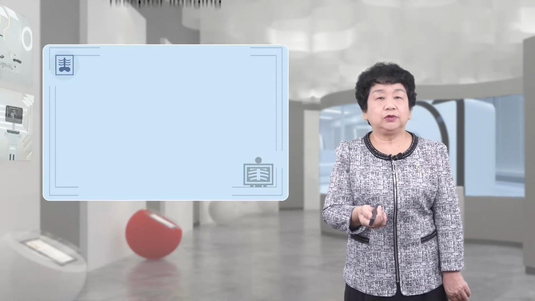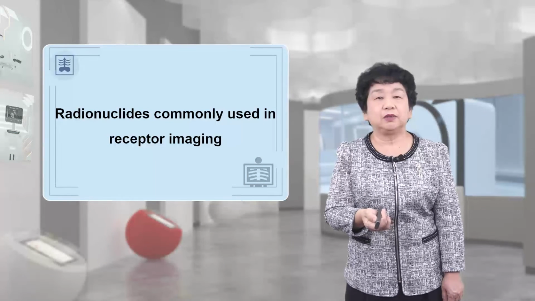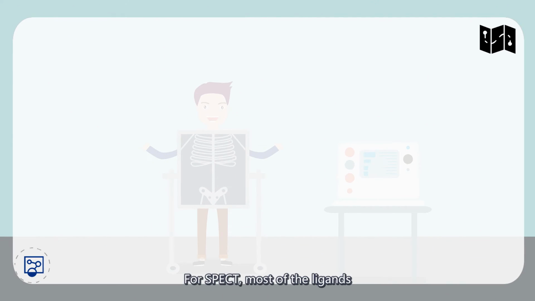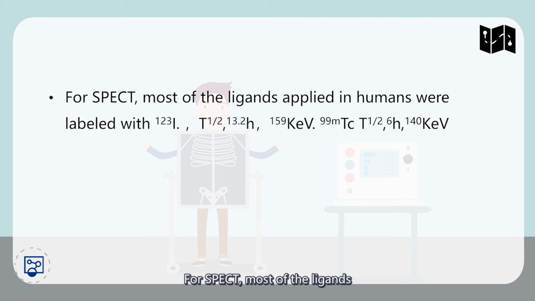Radionuclides commonly used in receptor imaging. For SPECT, most ligands applied in humans were labeled with iodine-123, half-life 13.2 hours, energy 159 keV, or technetium-99m, half-life 6 hours, energy 140 keV.